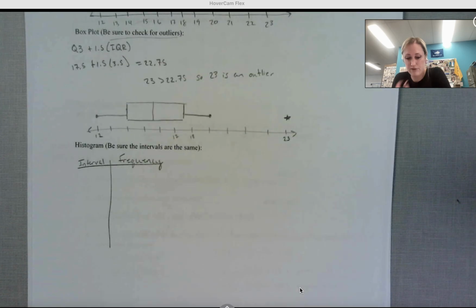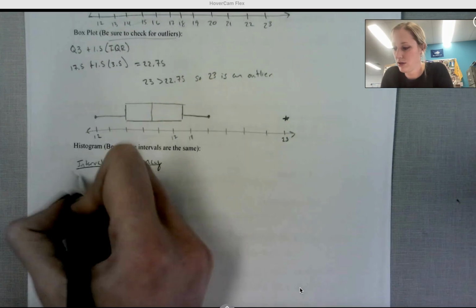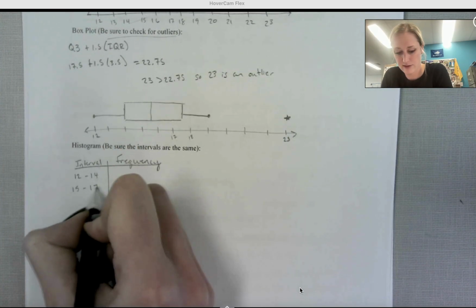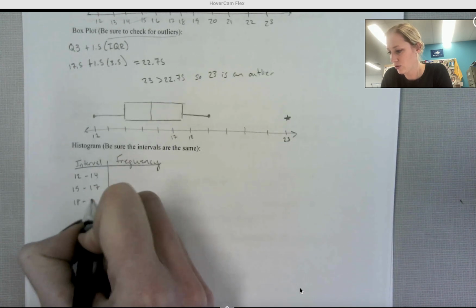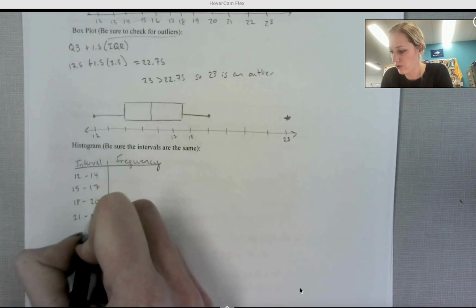Okay, so the intervals I'm going to use, so we're again going from 12 to 23. So if I do my intervals by twos, so let's do 12 to 14, 15 to 17, 18 to 20, and then 21 to 23.